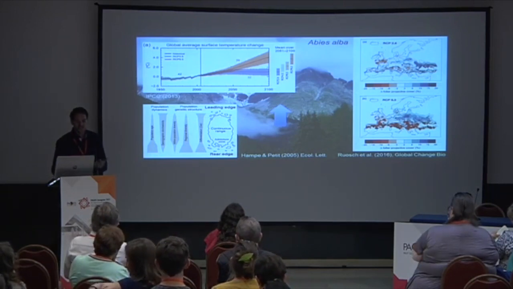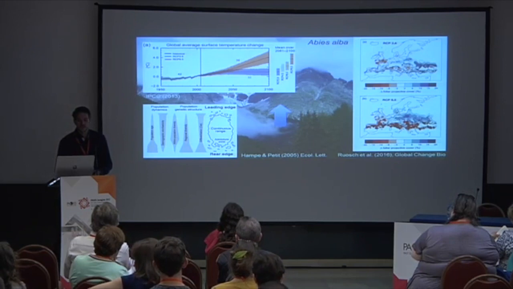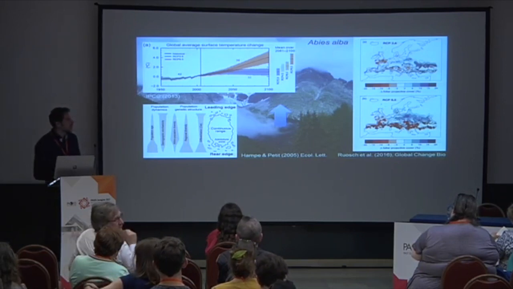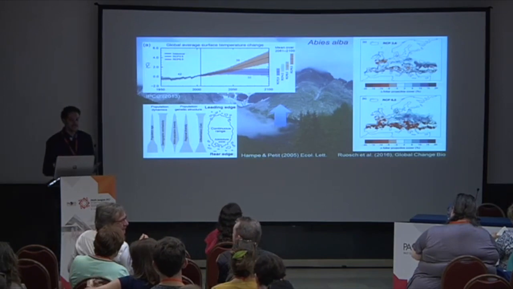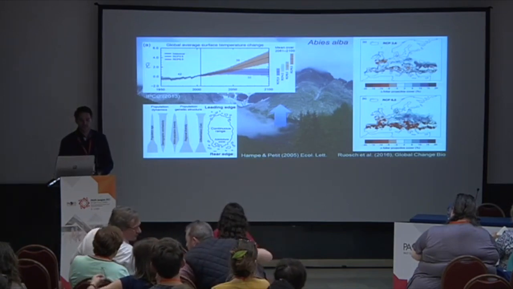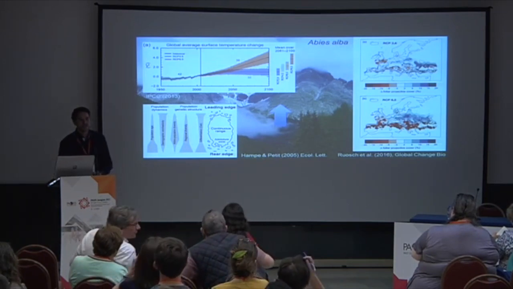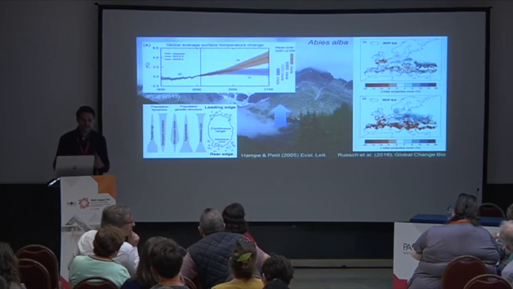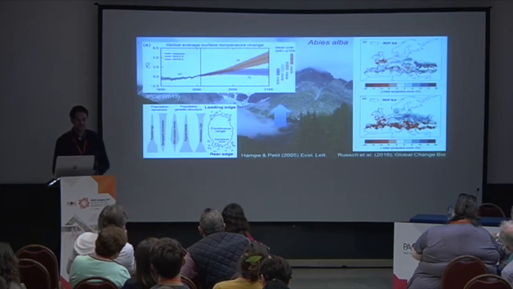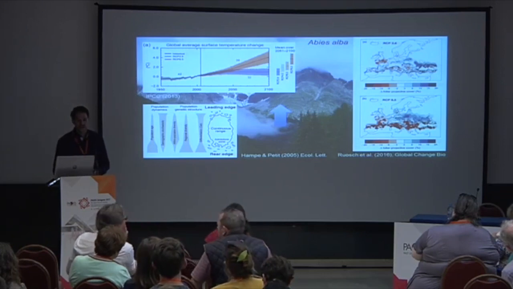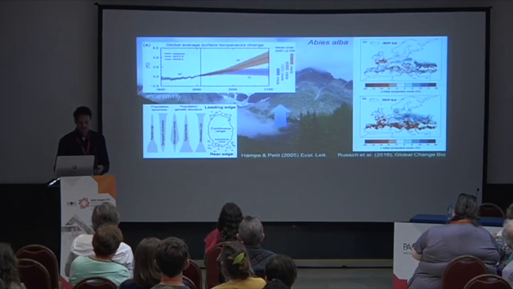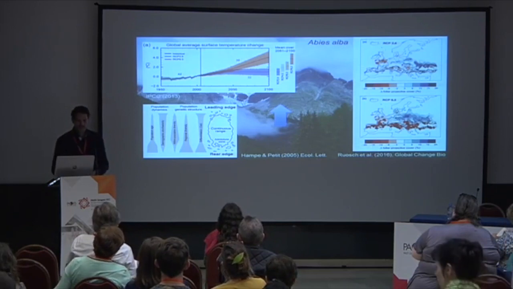So such an extinction of rear edge populations, as they are projected here in the vegetation model output, might have quite a drastic effect on the gene pool of a species. And lower genetic diversity might then be a problem in adapting to changing environmental conditions. There are studies that show that high genetic diversity facilitates adaptation to changing environmental stressors.